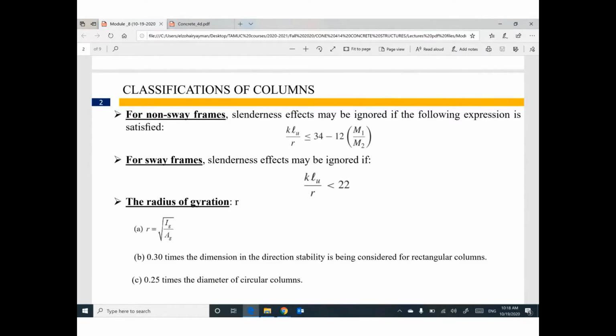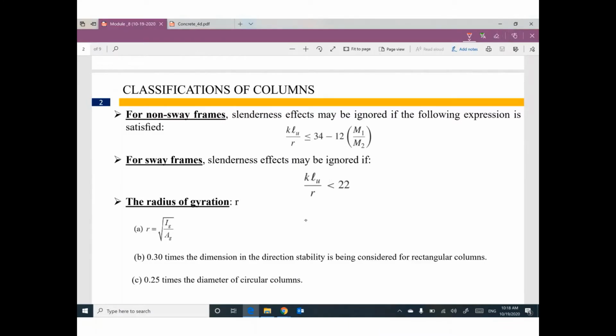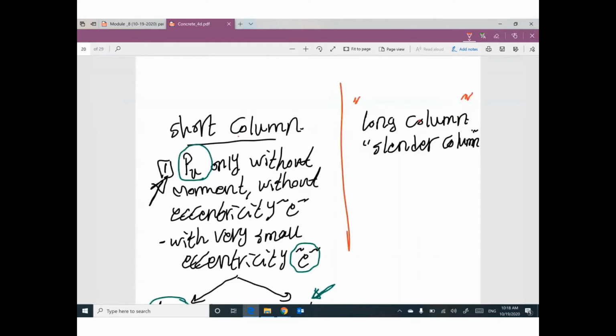So if you get K times L divided by R smaller than or equal to 34 minus 12 M1 divided by M2, if this condition is satisfied, your column is short. So I am in this side. You need to figure out, do you have a moment or not? Do you have eccentricity or can it be neglected, to figure out case 1 or case 2?